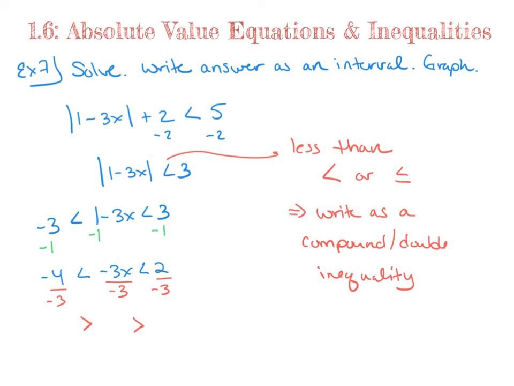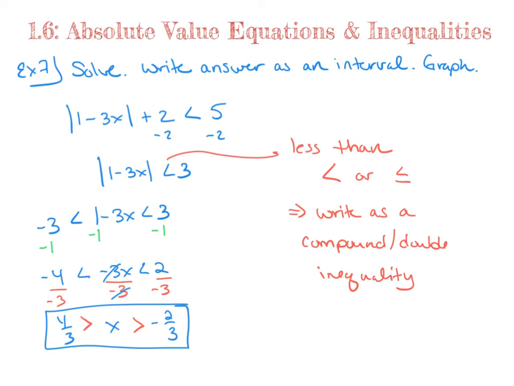So we're going to divide everything by negative 3, giving us negative 4 divided by negative 3 is just 4/3. Negative 3x over negative 3 is just x, and 2 over negative 3 is negative 2/3. So there is our answer in inequality form.